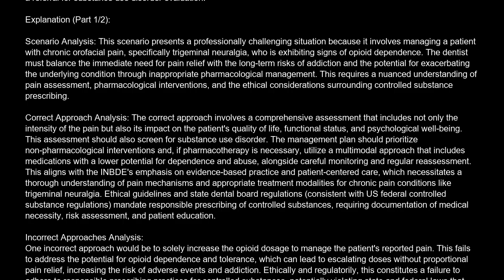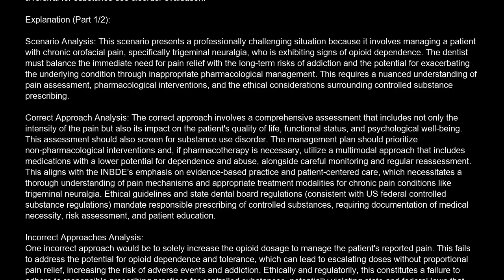Correct approach analysis. The correct approach involves a comprehensive assessment that includes not only the intensity of the pain, but also its impact on the patient's quality of life, functional status, and psychological well-being. This assessment should also screen for substance use disorder.